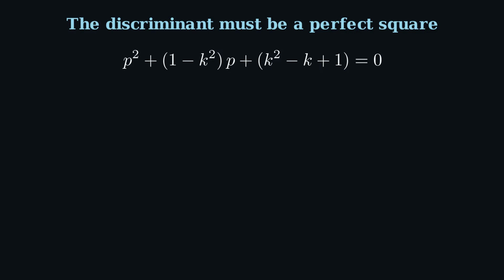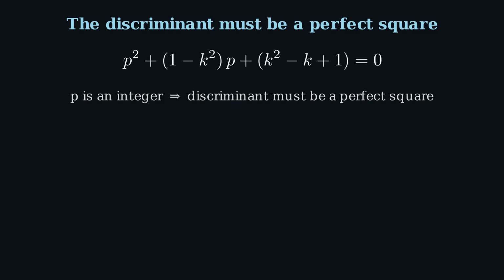So if we're going to solve this quadratic equation, we can just look at the discriminant. What do we need? We need the discriminant to be a perfect square if we want this to be an integer, right? Solutions for this, p is a prime, it must be an integer, so that's a requirement. So our discriminant will end up being 1 minus k squared, squared, minus 4 times k squared minus k plus 1.